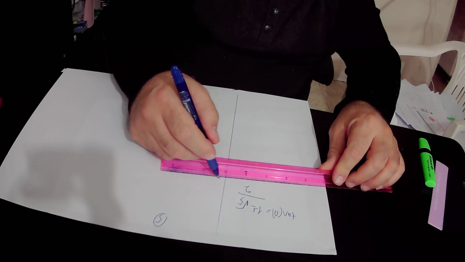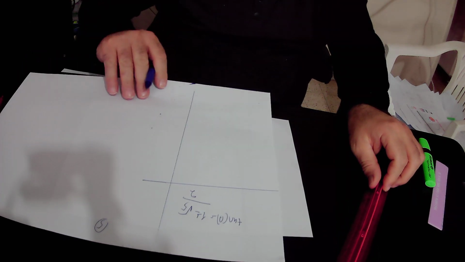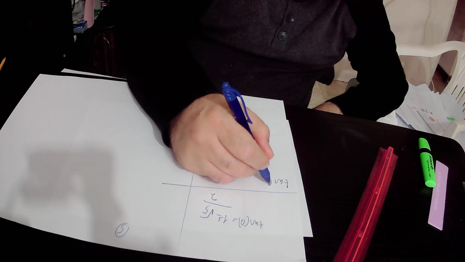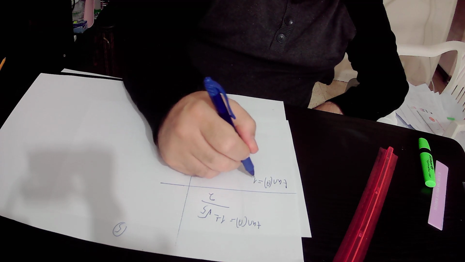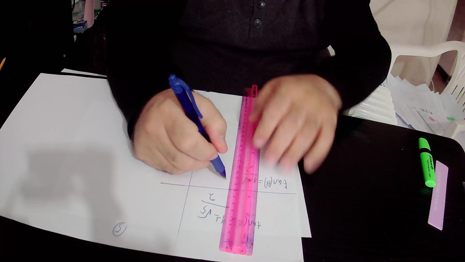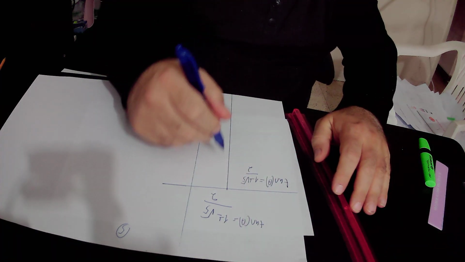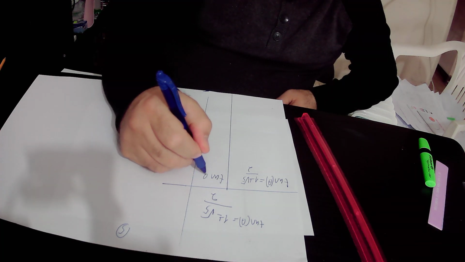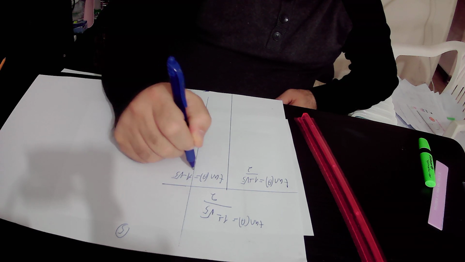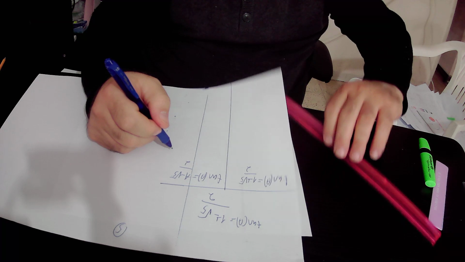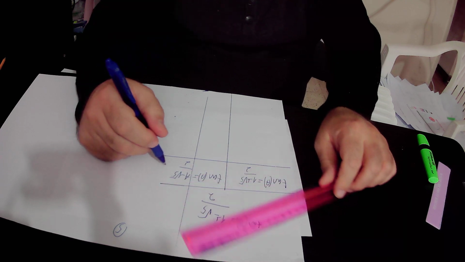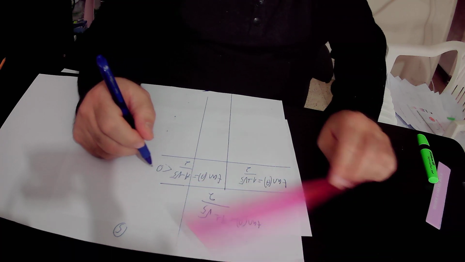The first solution is tangent theta equals (1 plus square root of 5) over 2. The second solution is tangent theta equals (1 minus square root of 5) over 2. That is actually a negative solution, because 1 minus square root of 5 over 2 is less than 0.